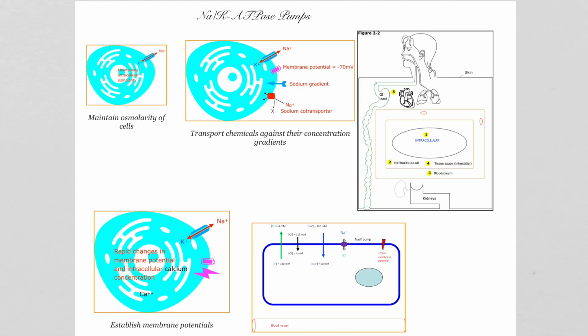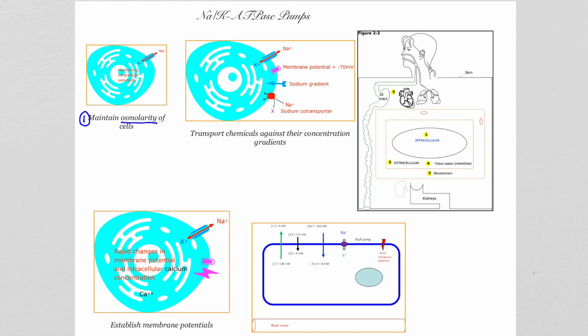So why do these cells have these sodium-potassium pumps? There are several reasons. Let's look at three important ones. One is that these pumps maintain the intracellular osmolarity.